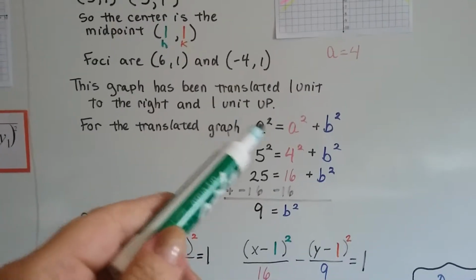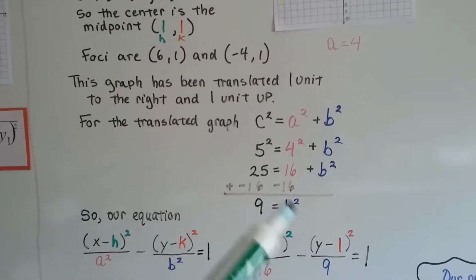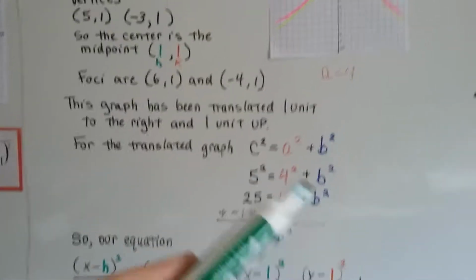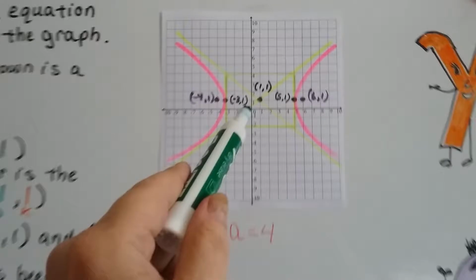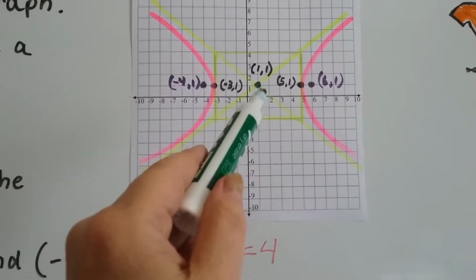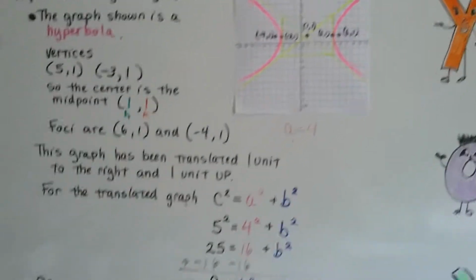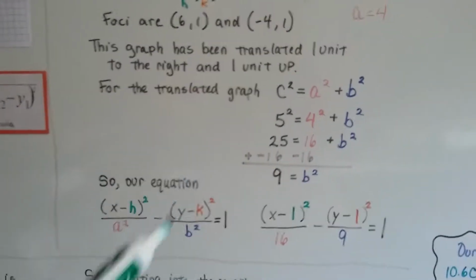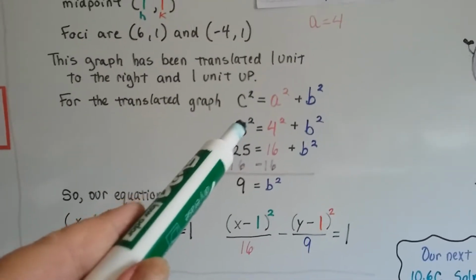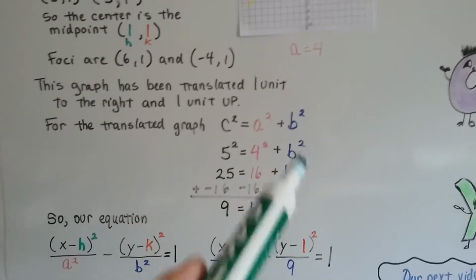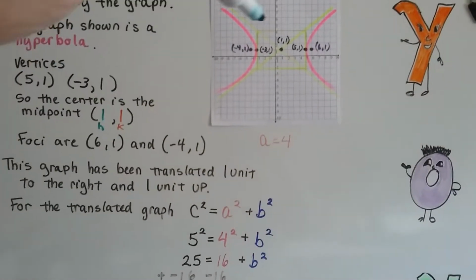So c squared equals a squared plus b squared. Our a is a 4, okay? There's 4 units, 1, 2, 3, 4, from the vertex to the center. That's going to give us 5 squared equals 4 squared plus b squared, okay?